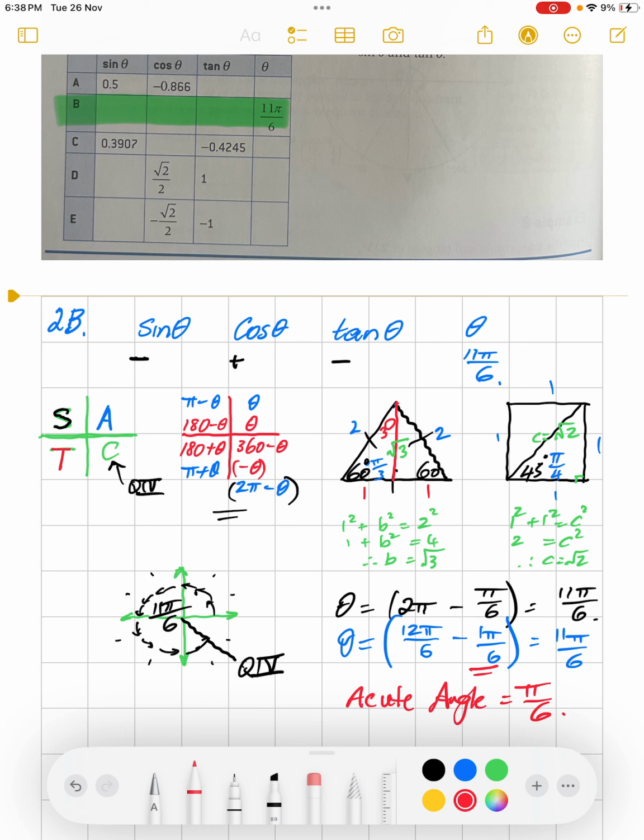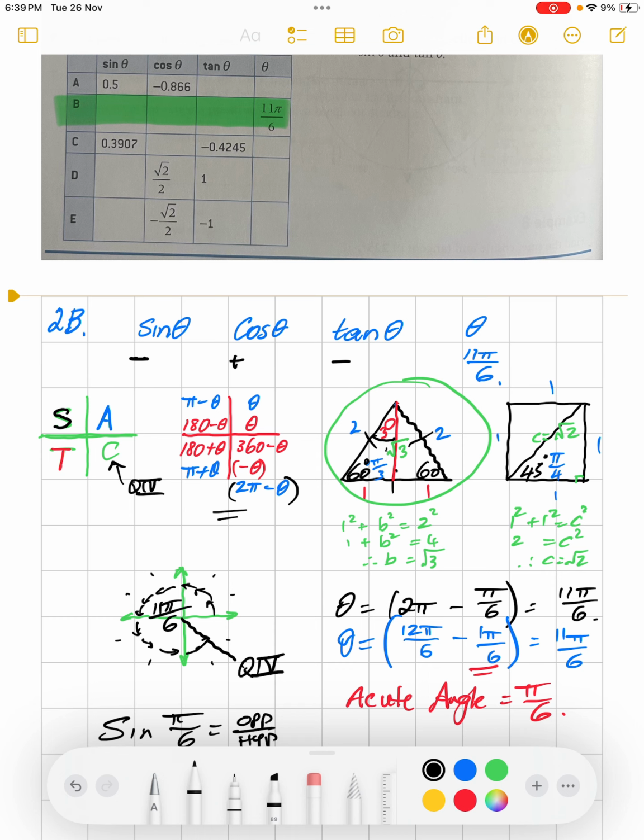Well, what is sine of pi over 6? Let's come into our triangle now, and this is the triangle that we're going to use because we don't have 45 degrees. And here is pi over 6 right there. It's 30 degrees. Sine of pi over 6 is the opposite over hypotenuse.